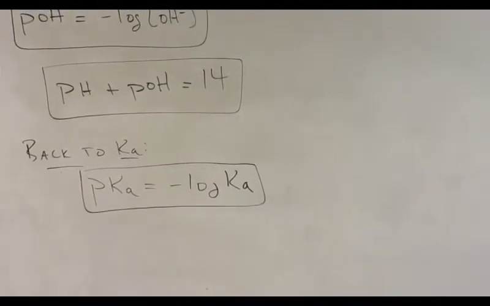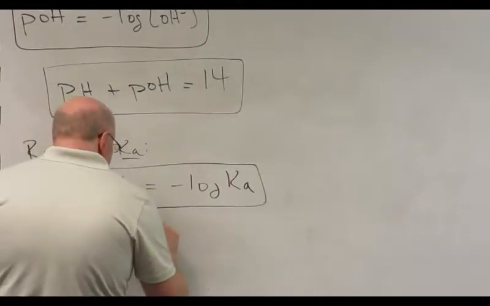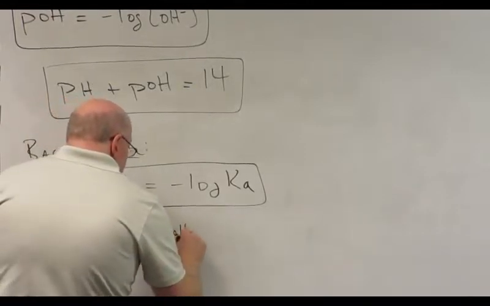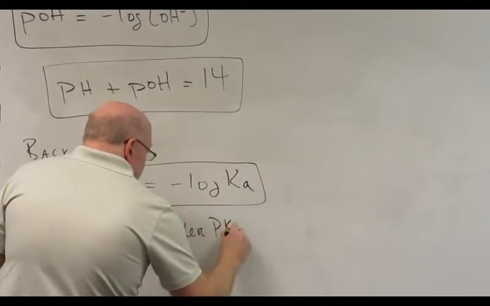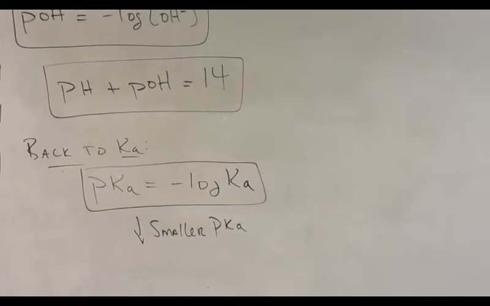We can look more easily at a number that is an integer value than at a number that's something very small. Just remember, if you're dealing with a pKa, the smaller the pKa is, the stronger the acid is. If they gave you two acids and two pKa's, and they asked you to assign it, the smaller the pKa is, the stronger the acid is.